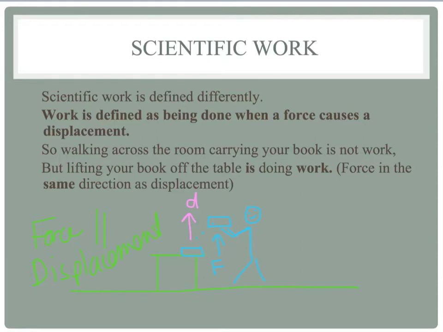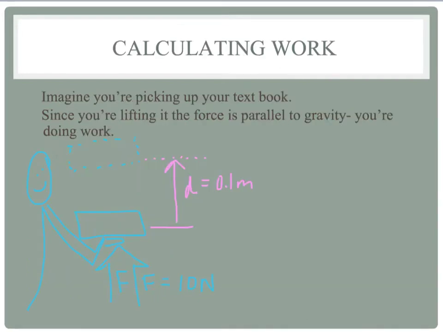So force and displacement must be in the same direction or really parallel, because we could have the force pushing down and we would get the same effect because they're parallel. Now imagine you're picking up your textbook. Since you're lifting it, force is parallel to displacement, you're doing work.